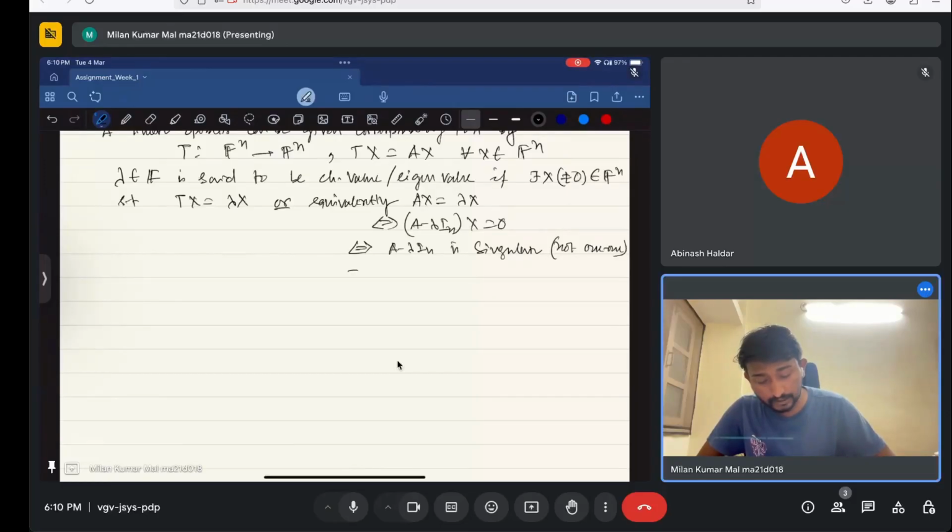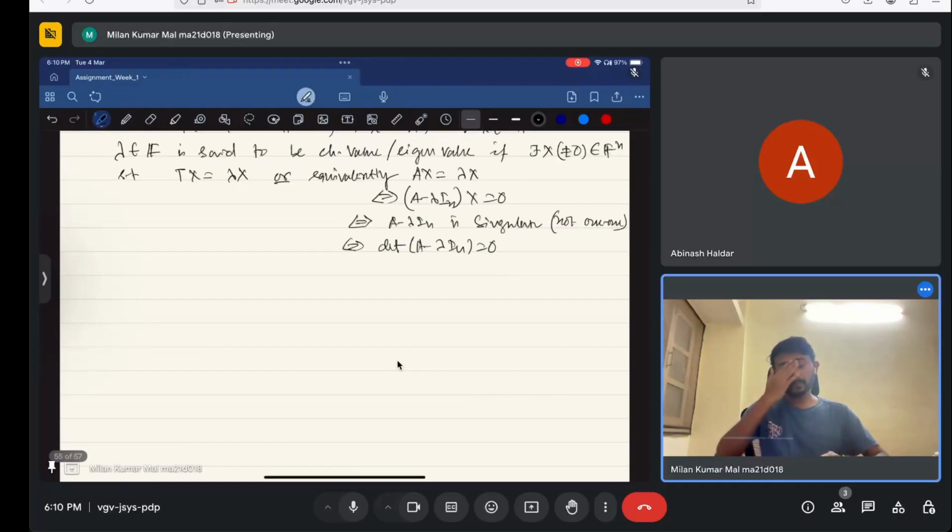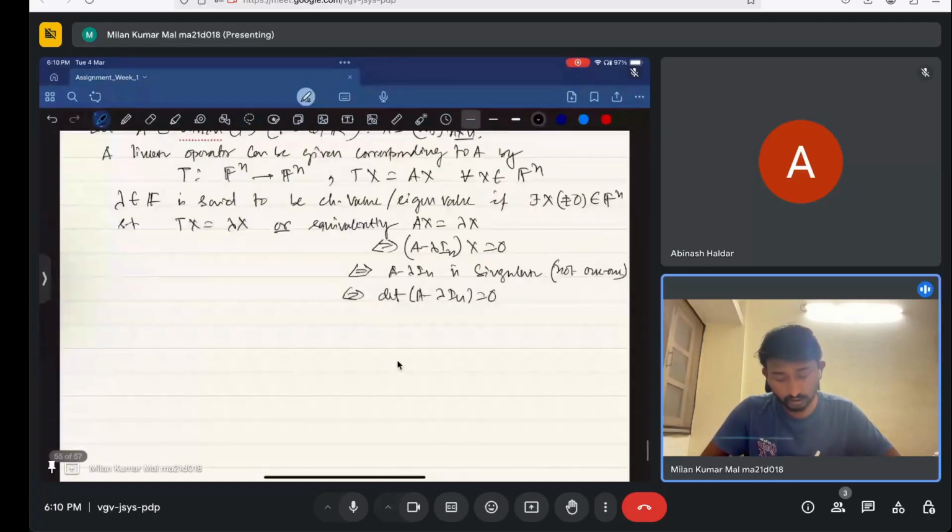In that case we get determinant of (A - lambda I) = 0. This is the characteristic polynomial for the linear operator T, whose matrix representation is A, and also the characteristic polynomial for the matrix A.